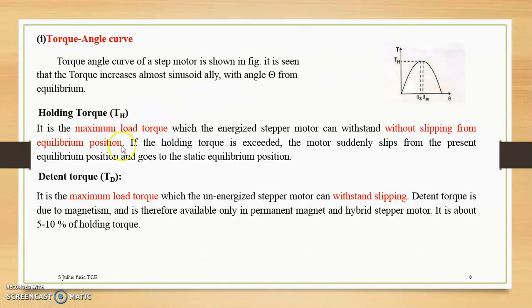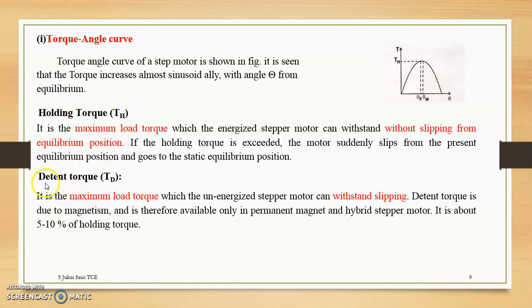What I mean by holding and detent torque is, the holding torque is defined as the maximum load torque which energizes the stepper motor to make it stay in an equilibrium position. Without slipping from that equilibrium position, it has to hold the stepper motor steps. So that will be denoted as the holding torque.